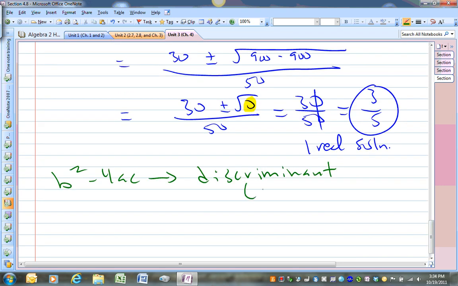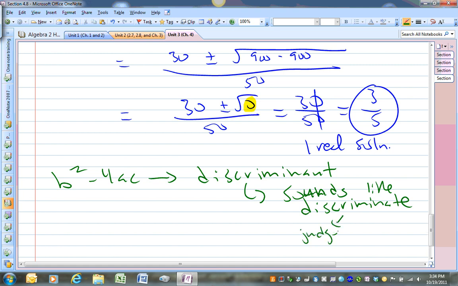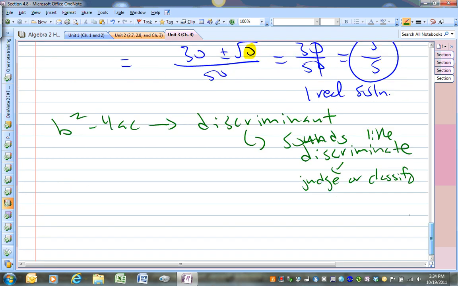You can think of discriminant like the word discriminate. What does it mean to discriminate? Discriminate means to judge or classify based on differences. Now, usually we hear it in the context of race, so if you're discriminating, you're judging someone differently because of the color of their skin.